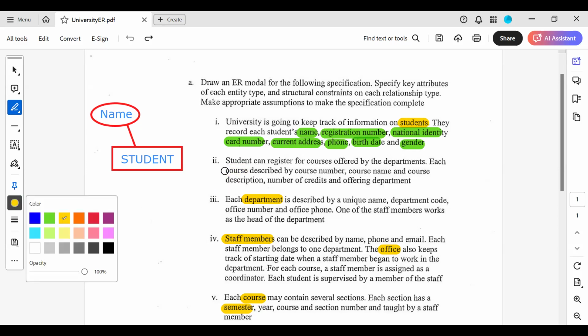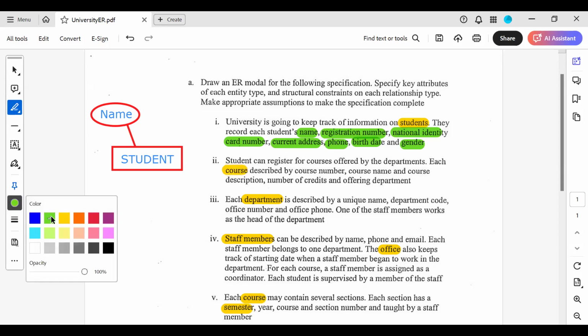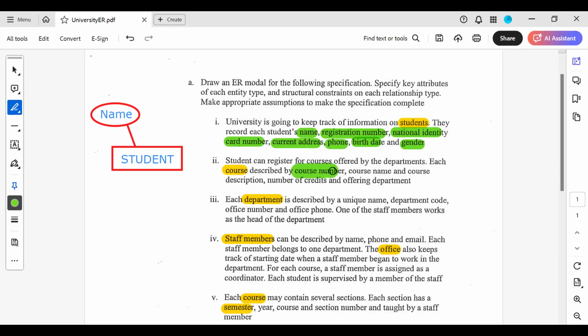This is another entity, and let me highlight attributes: course number, course name, course description, number of credits.